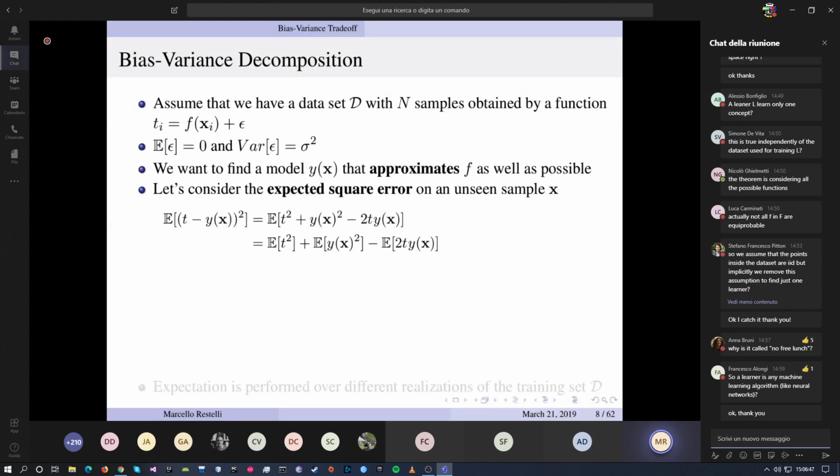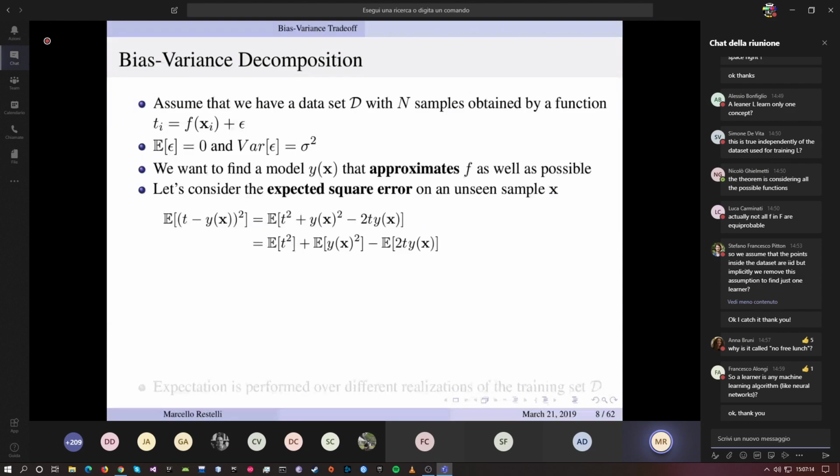As you can notice here, we have the expected value of t square, that is exactly the second moment of the random variable t. And in the second term, we have the expected value of y square, that is the second moment of the random variable y.